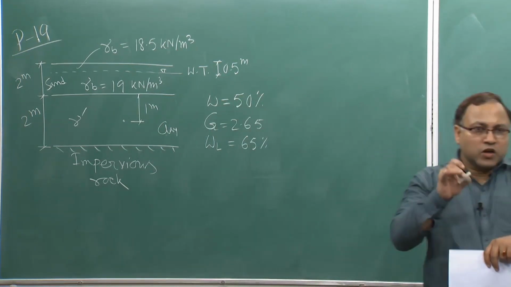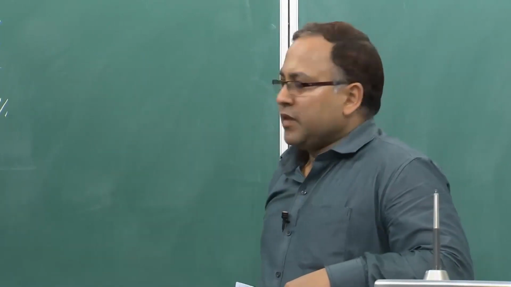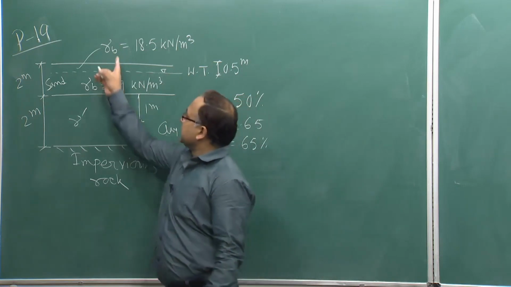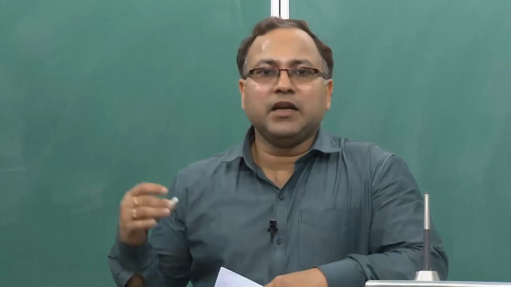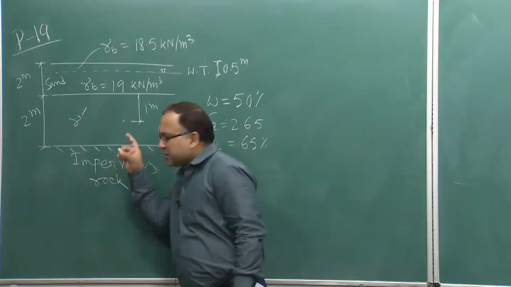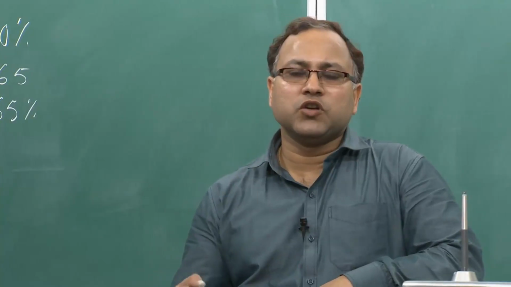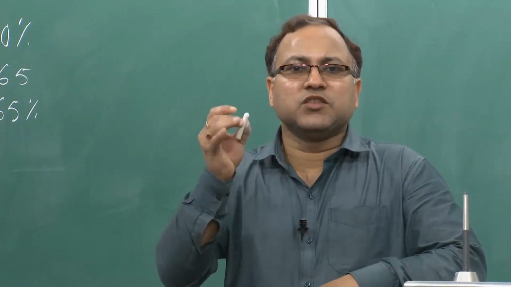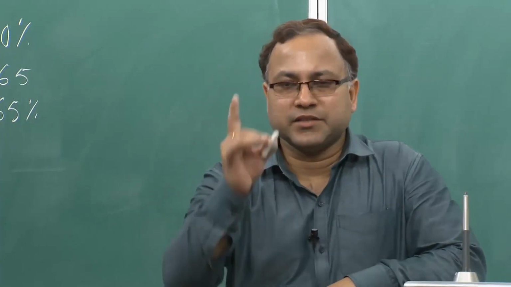If you see this deposit, the water will be draining out only through the top face, because only sand will facilitate the drainage, whereas through the bottom surface you cannot have drainage, because that is completely impervious rock. So, water drainage is not allowed through that face. So, that means the problem is a single drainage system.